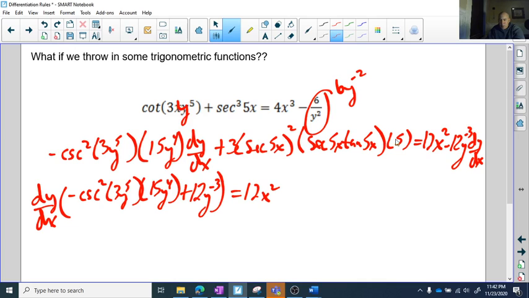Now if you want to clean it up, you can multiply the 5 and the 3 if you want. Move it to the other side and say, well, it's 15 secant squared 5x, and then another secant 5x. You could have actually made it cubed if you wanted to, and then tangent 5x.